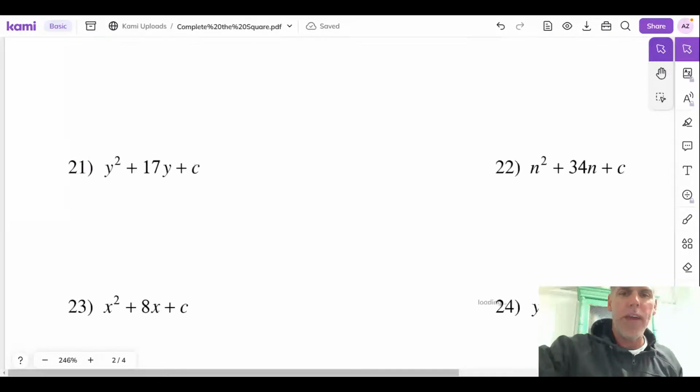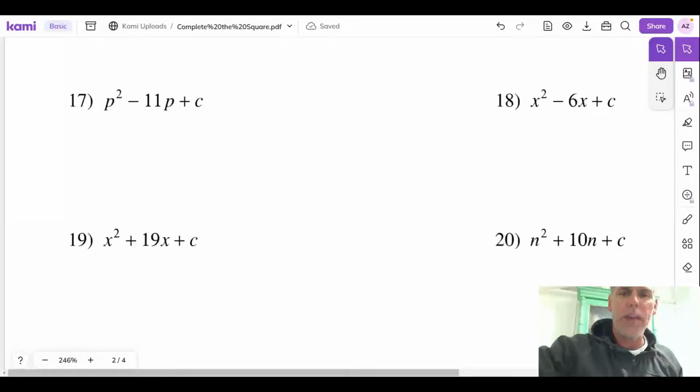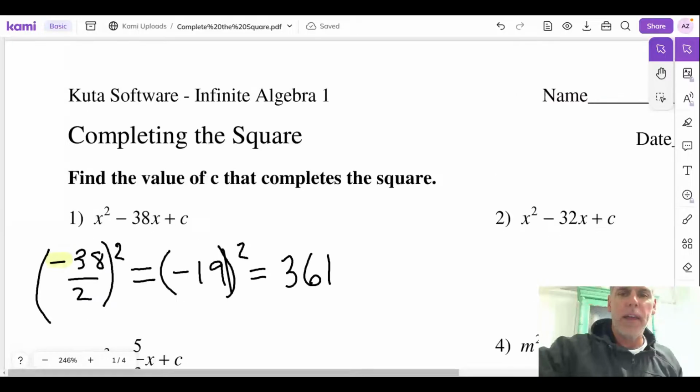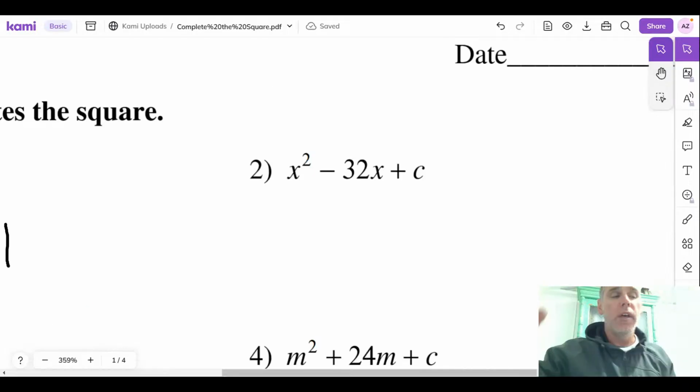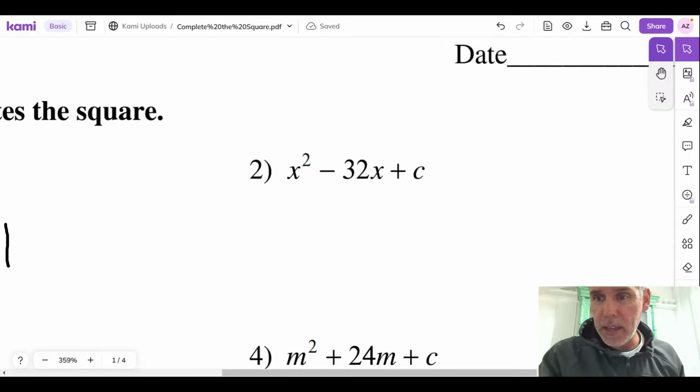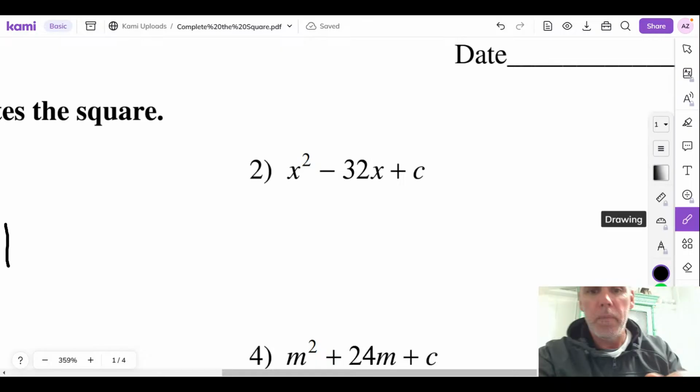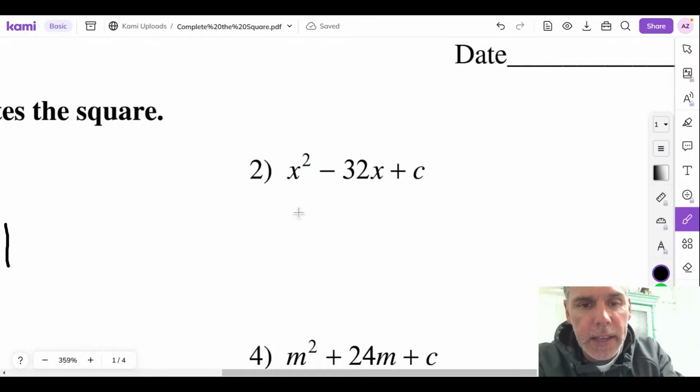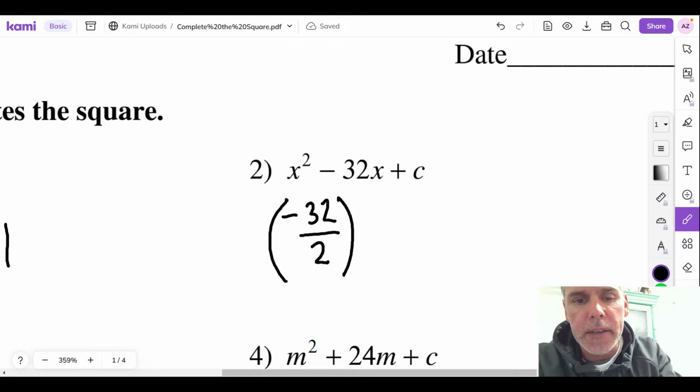Now, the next one is, and throughout all this, we're just going to divide by 2 the middle term, which is b. So I take negative 32 divided by 2, and then that whole thing has to be squared.